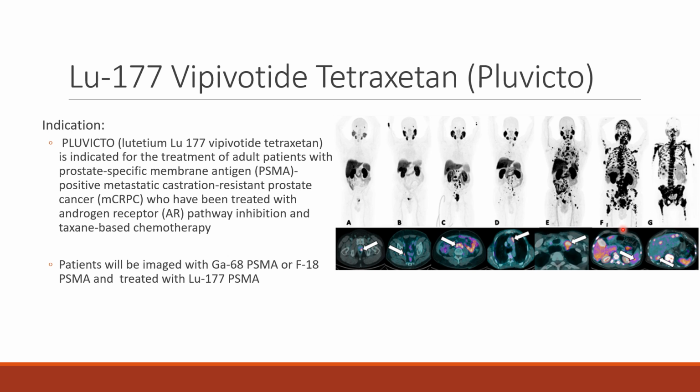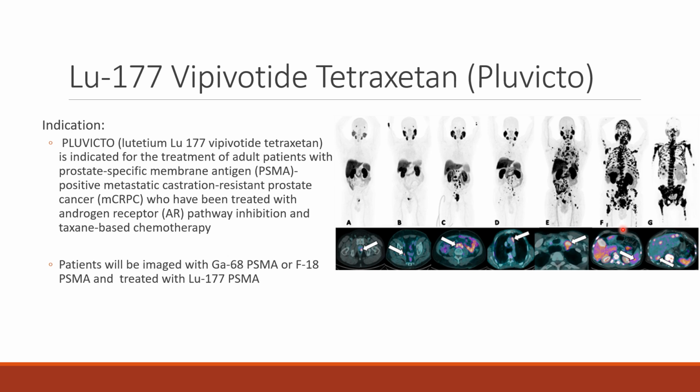Pluvicto indication says adult patients with prostate-specific membrane antigen positive metastatic castrate-resistant prostate cancer. It's a mouthful. These are patients that have had their prostate removed. They've been castrated. And then the cancer has come back and has spread anywhere in their body.